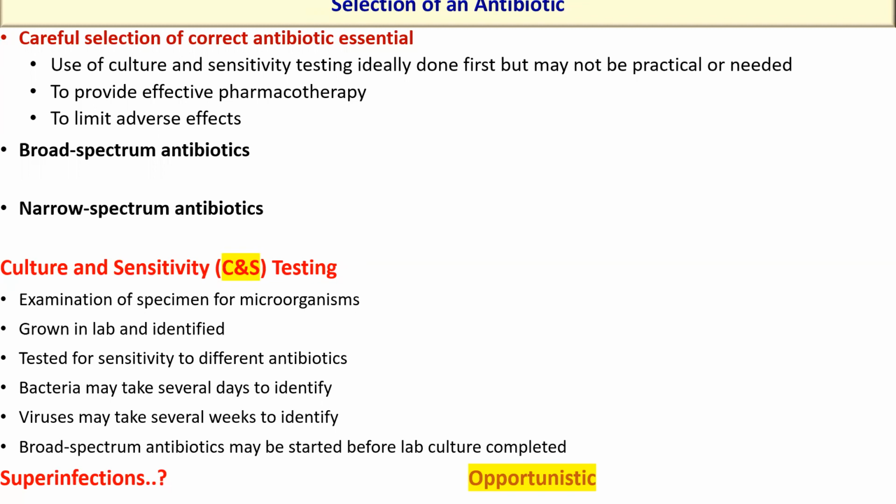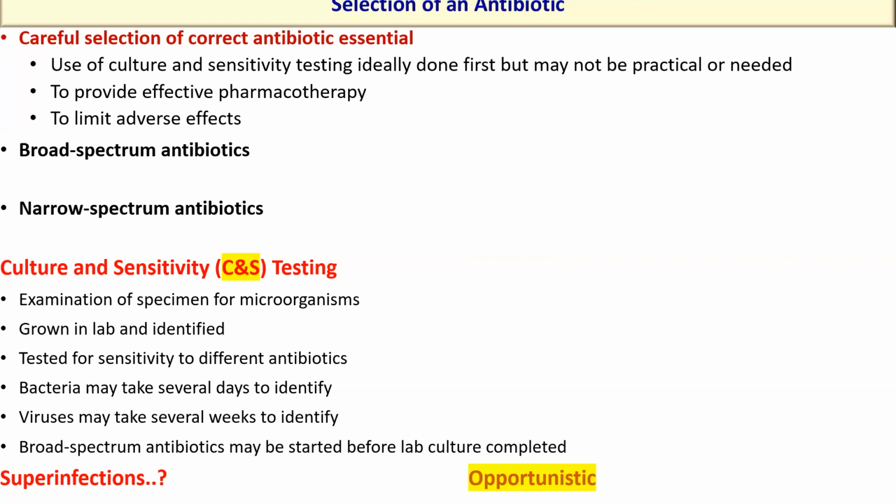So we have the difference between superinfections and opportunistic infections. First of all, selecting the appropriate antibiotic for a specific infection requires some type of testing.